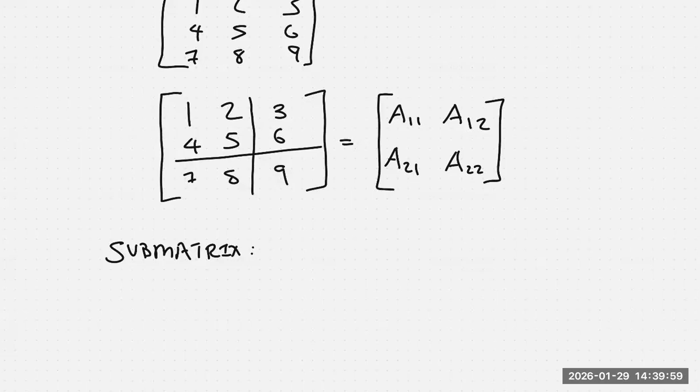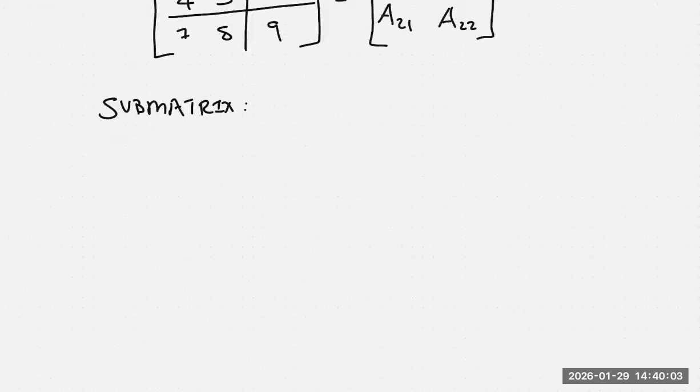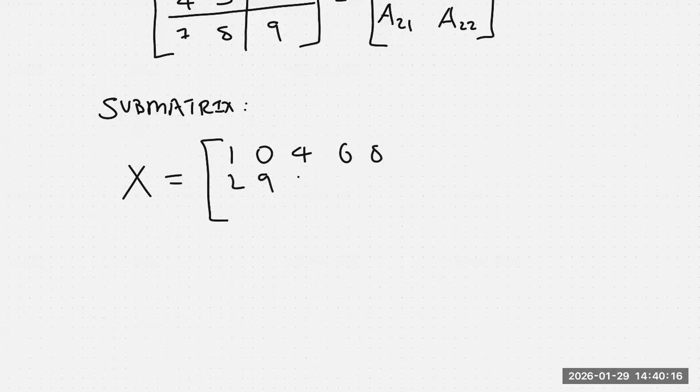For example, say we had a matrix X like this: 1, 0, 4, 6, 8, 2, 9, 2, 3, 6, 4, negative 5, 0, negative 1, 8. All right.